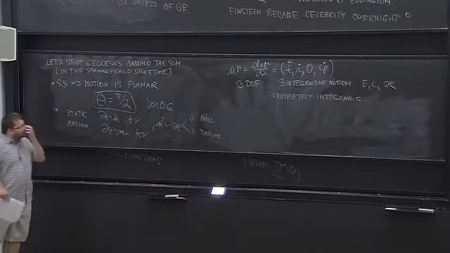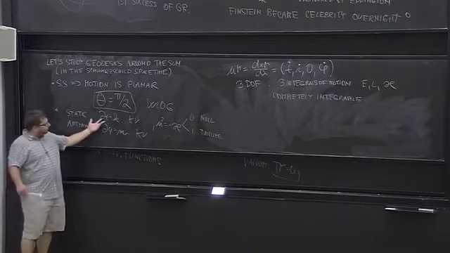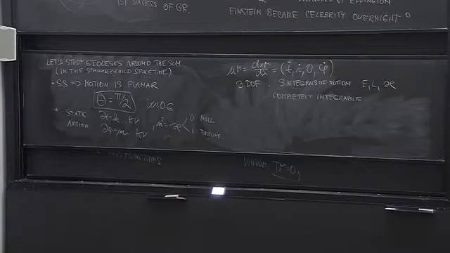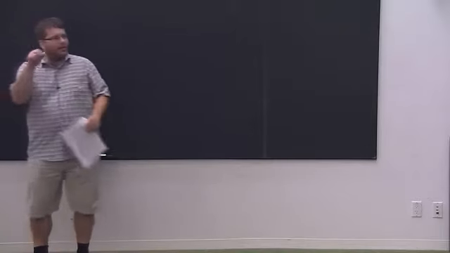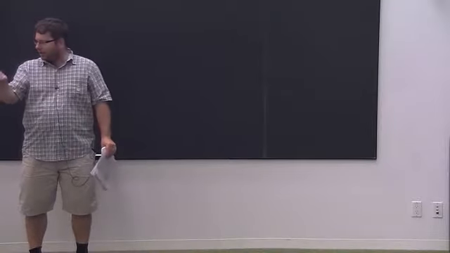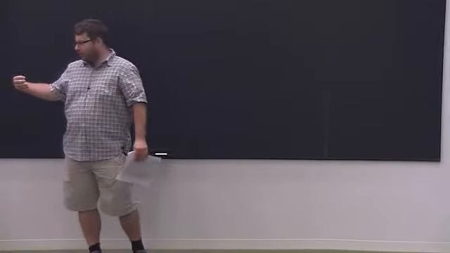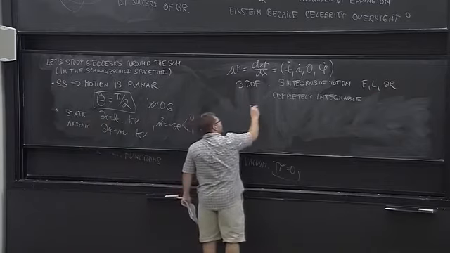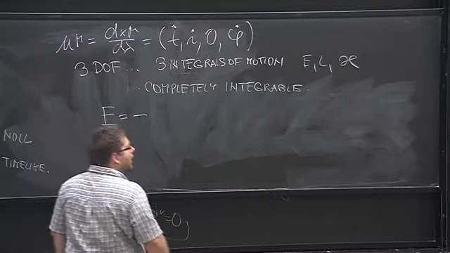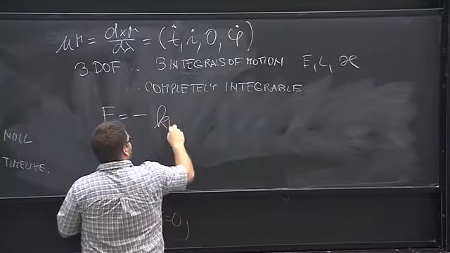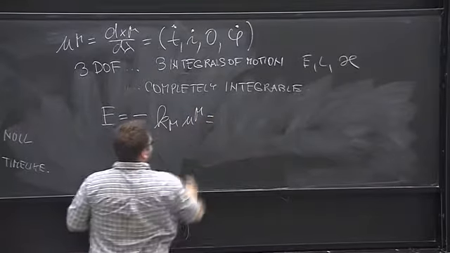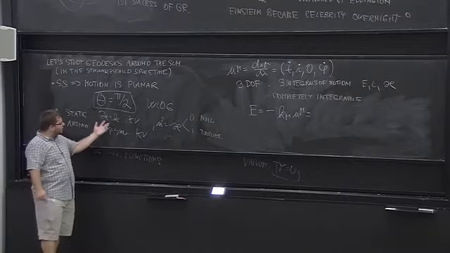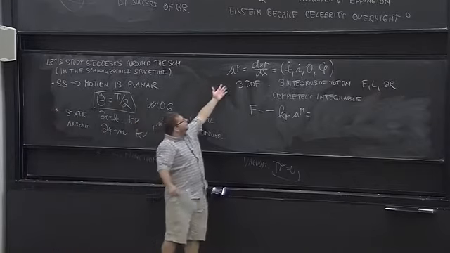I just remind you that if you have a Killing vector, the static Killing vector, or whatever, then you can form out of it the conserved quantity for the geodesic motion. You simply take that vector k and multiply it by the velocity, and this is conserved along the geodesic. You had the tutorial and you did that. So the energy is given, by convention with a minus sign, by minus k mu u mu. This is my vector k, the static Killing vector, and then I have the corresponding velocity.